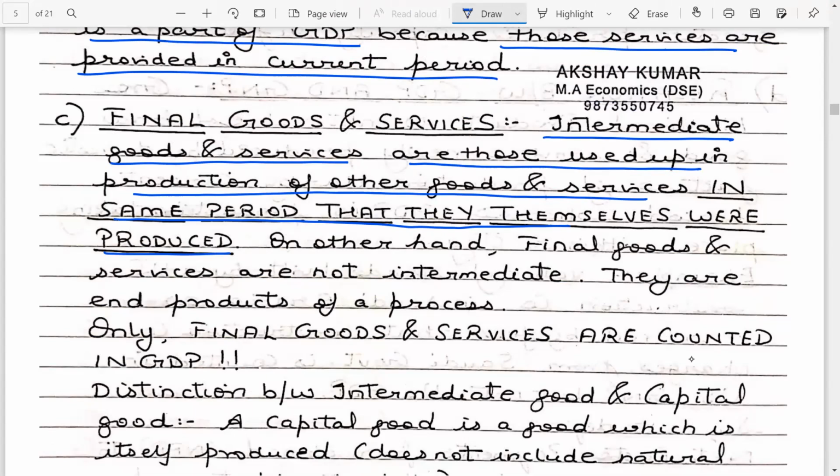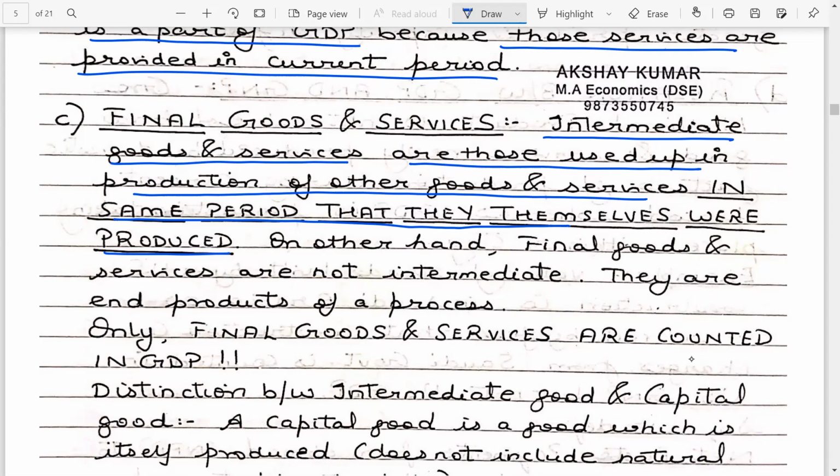And a surprising thing about intermediate goods is that they completely lose their existence to become the final good. If I talk about wood and chair, wood is an intermediate good, chair is a final good. When wood is used to make a chair, wood completely loses its existence, exactly in the same period in which the wood was purchased.